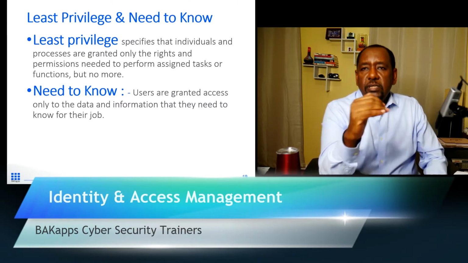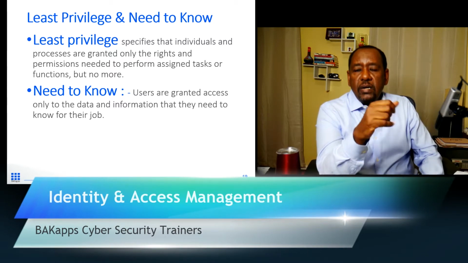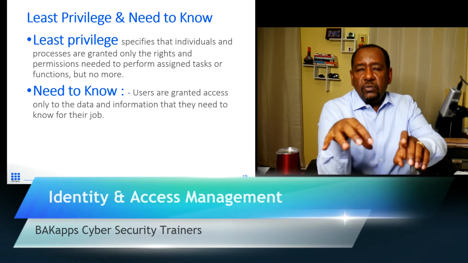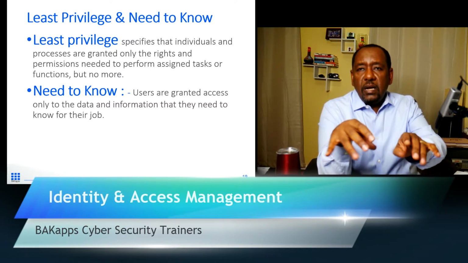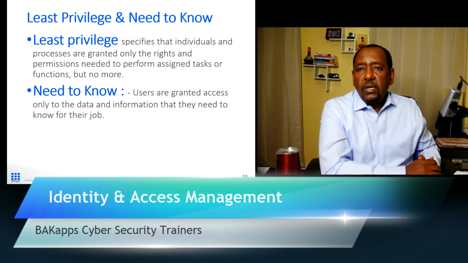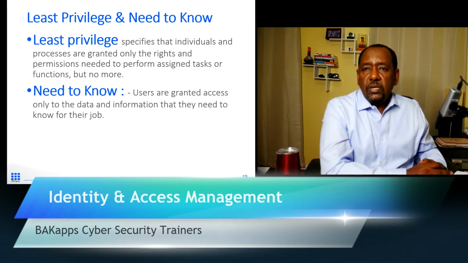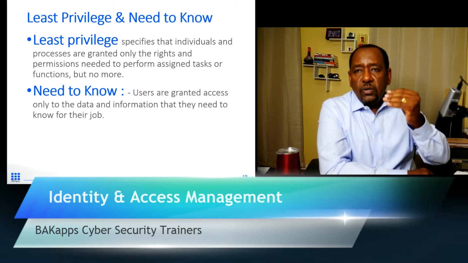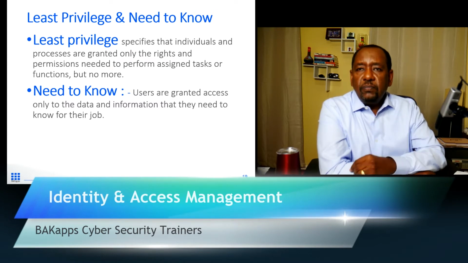No more. Let's say a user is hired as a data entry person. His job is just to come in, sit at the computer, make data entries and go home. He doesn't need to be an administrator on that computer. There is no need for that person to be an administrator. So that is what we call least privilege.